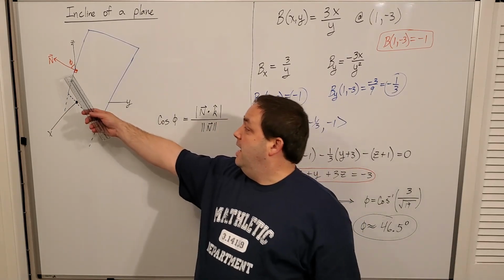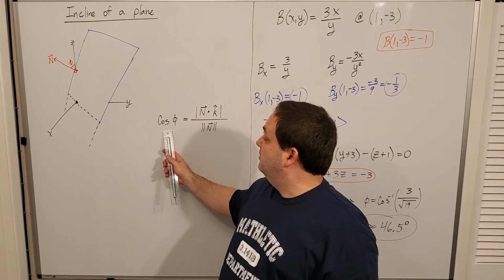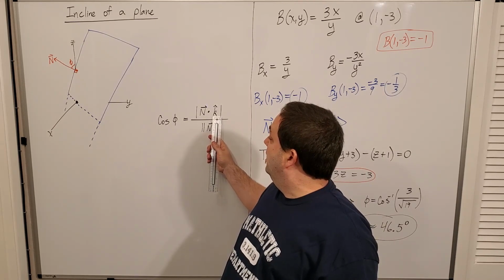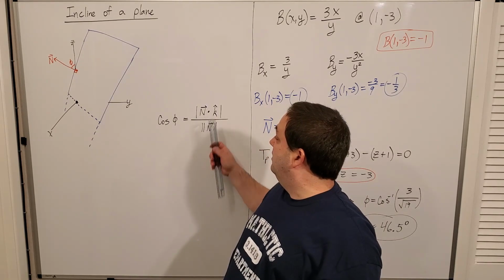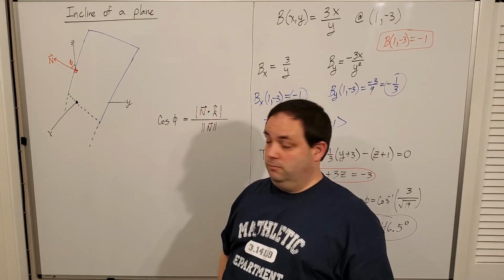Okay? And it works just like any other dot product. The directional cosine of something is just going to be your vector dotted with the direction that you're interested in. In this case, n dot the k direction, so that's the z unit vector, right?